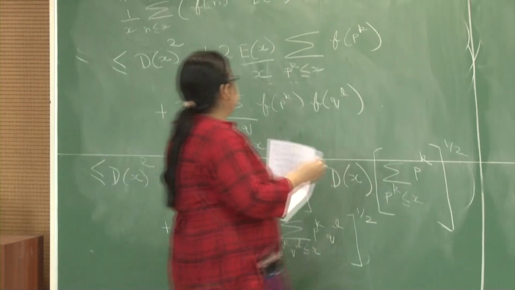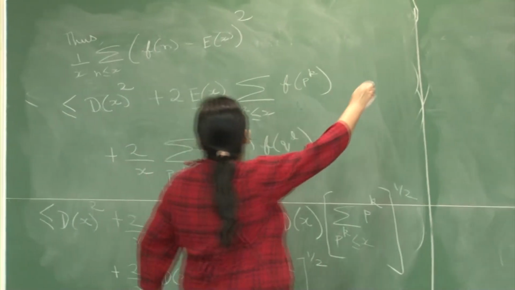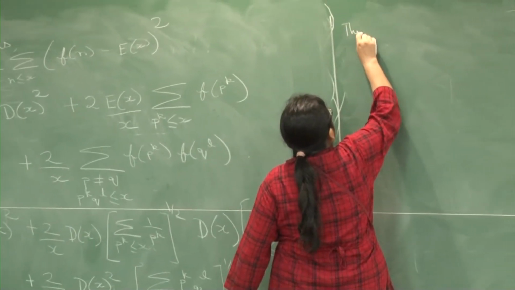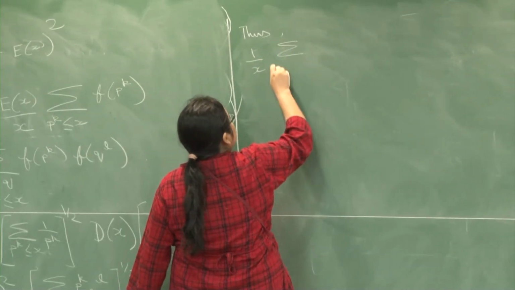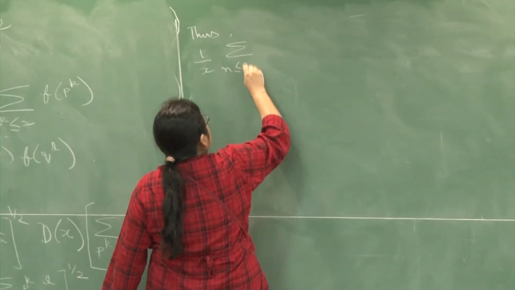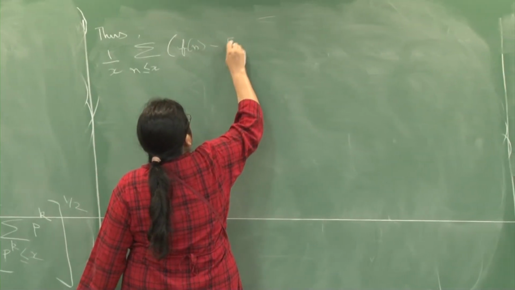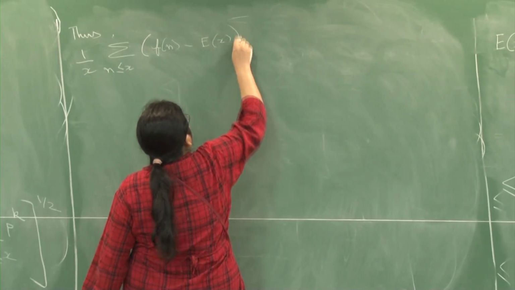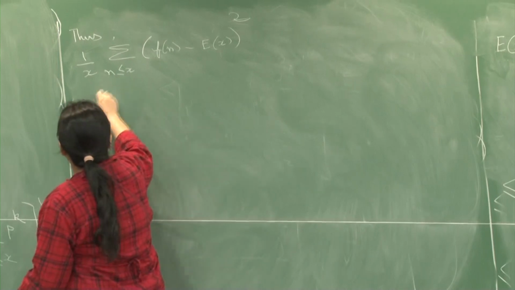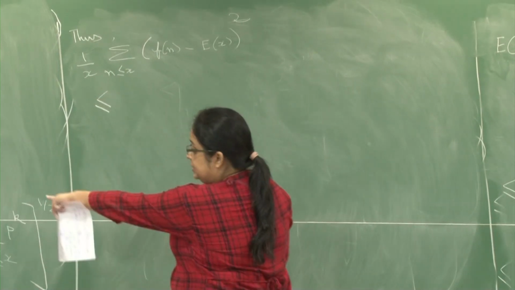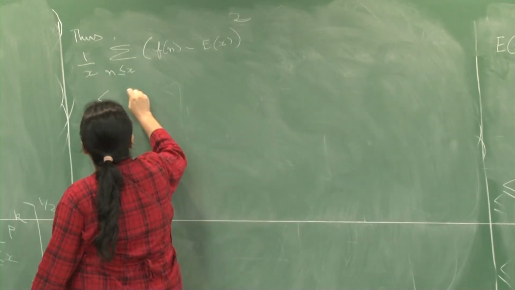So, this tells us that the variance term, one by x summation n up to x of f of n minus e of x whole square, is less than or equal to, since d of x whole square is common everywhere, we take that out.